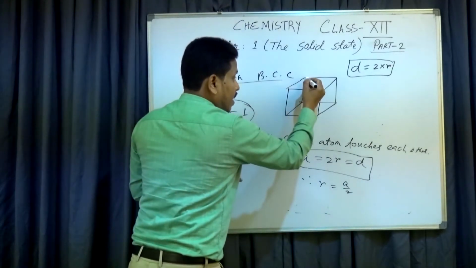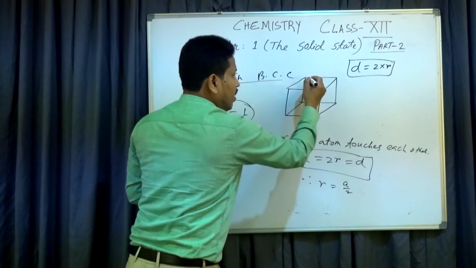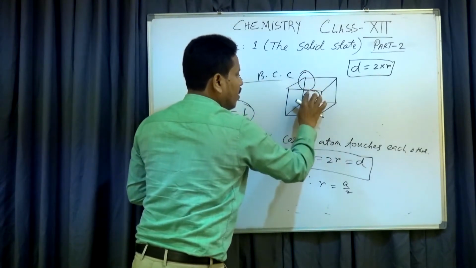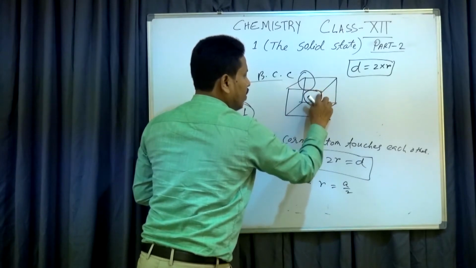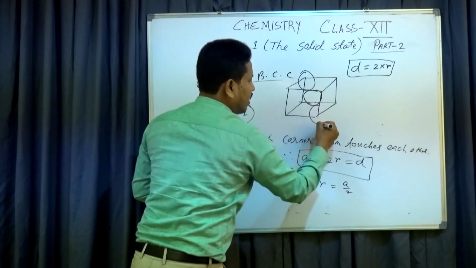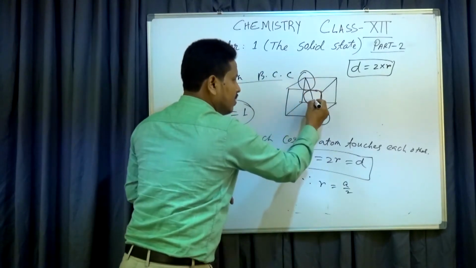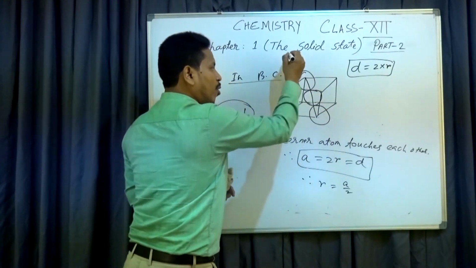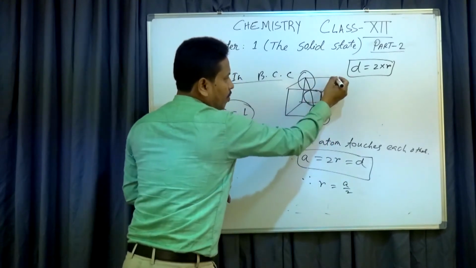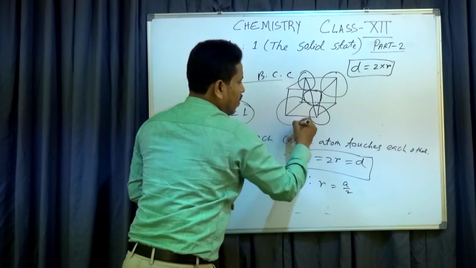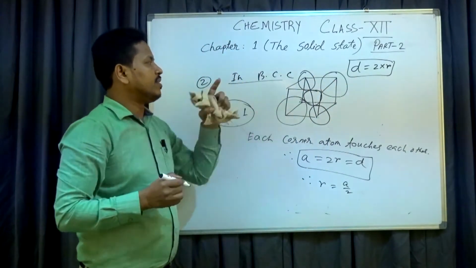But the 3 atoms lying along the body diagonal, let this corner atom and this corner atom, these 3 atoms lying along the body diagonal touch. Similarly, from this corner atom, these 3 atoms lying along the body diagonal also touch each other in BCC.